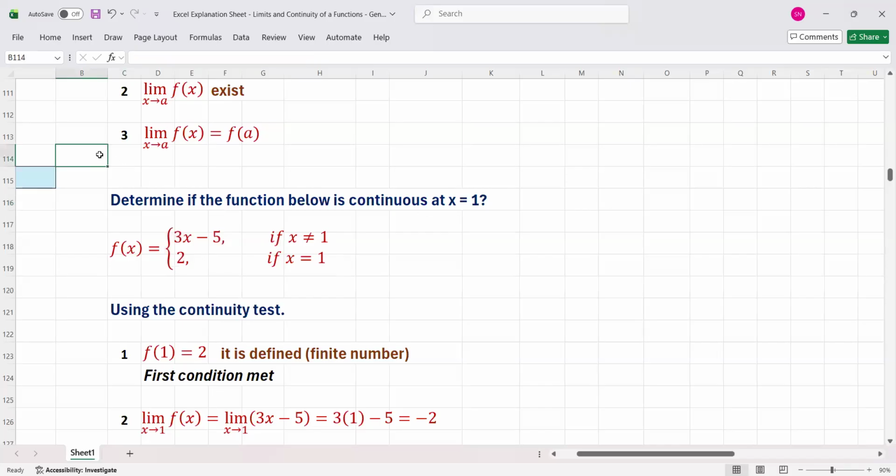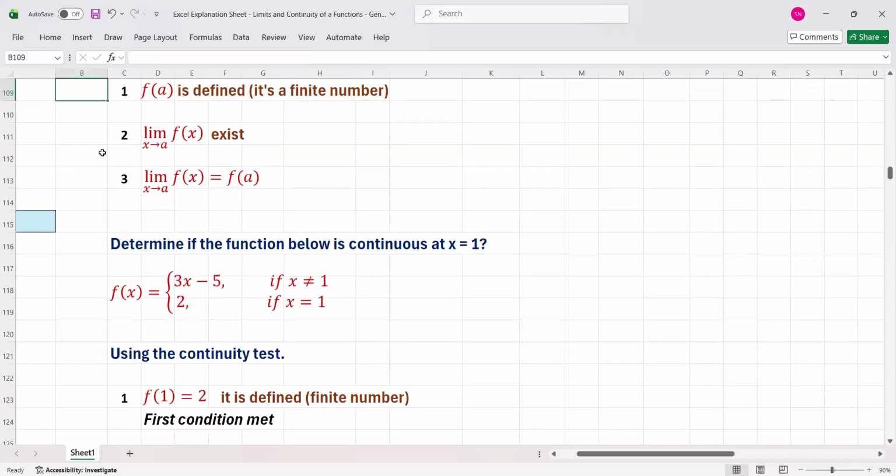So we want to look at step 1. Step 1, what is f of a? Our a here is the value 1. So if you look at this function, x equal to 1 is defined by this value 2. So if we substitute 1 into the function, my answer will be equal to 2. I hope you understand.